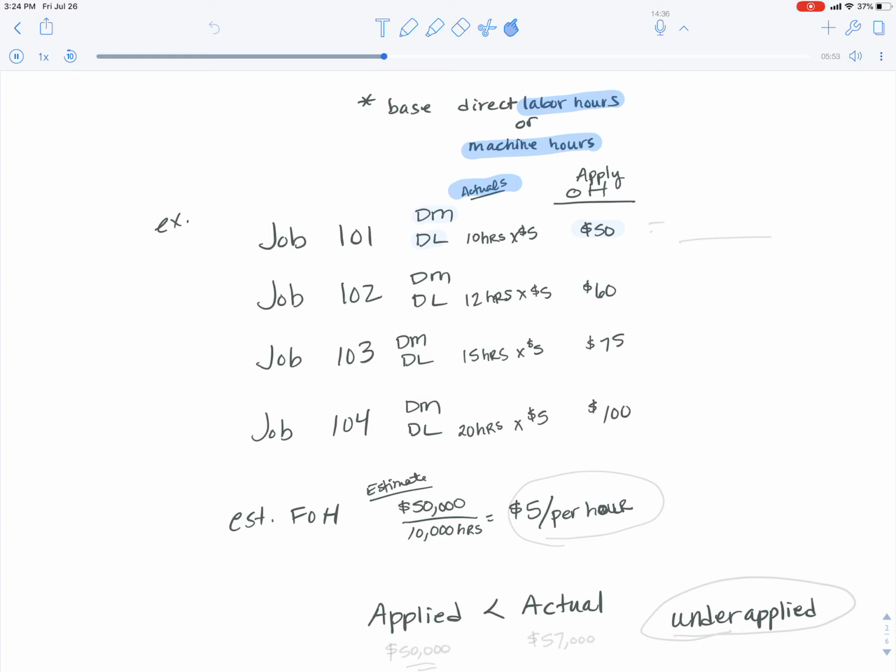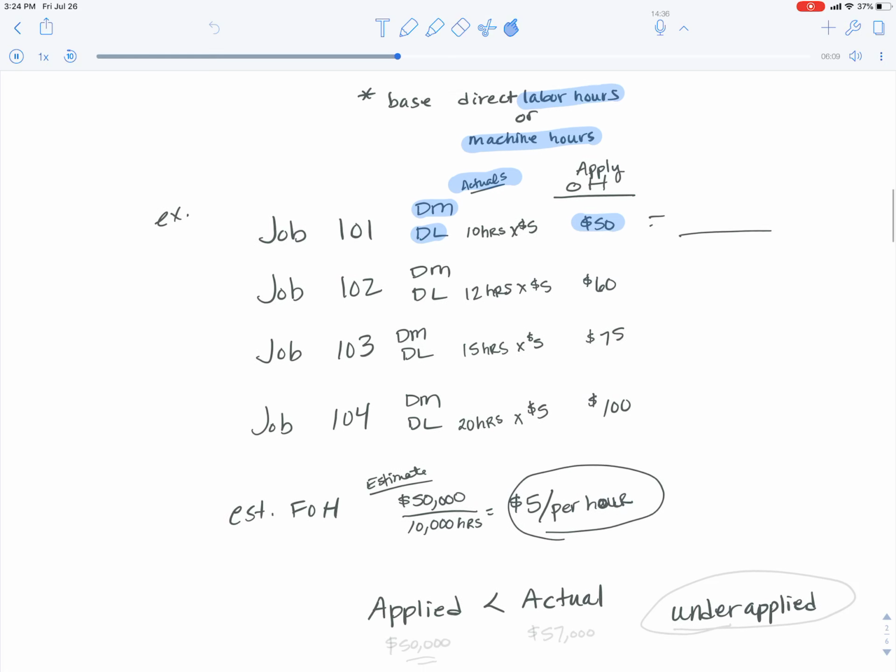So we would add up how much direct material, how much labor, and then how much overhead to get the total cost for each job. And we're going to do that by applying an estimate per labor hour.